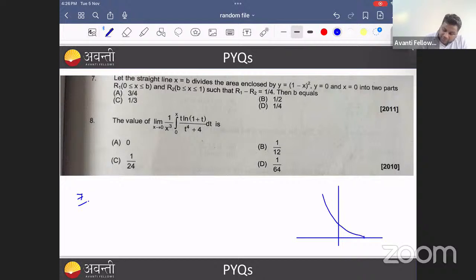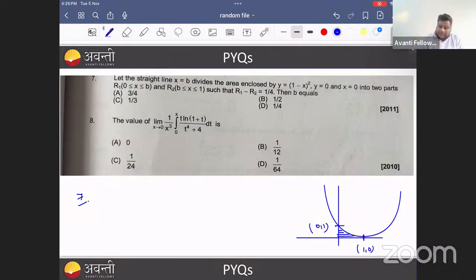So this is your graph like this. Yes or no? This point will be (1, 0) and this point will be (0, 1), because while y is 0, x is 1, and while x is 0, y is 1. So this is the area they are talking about.